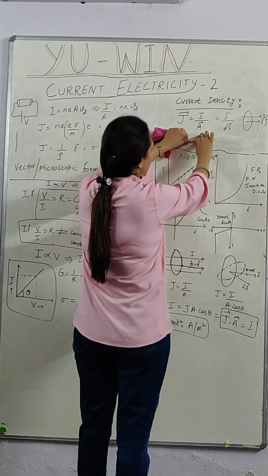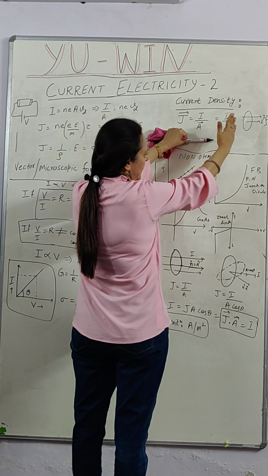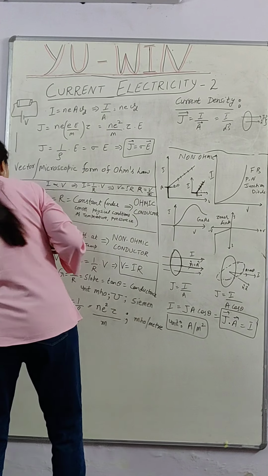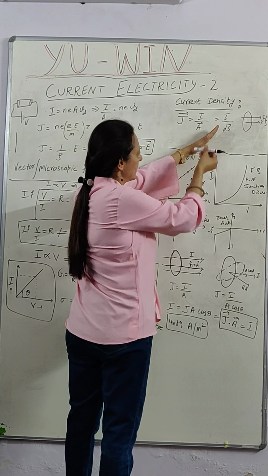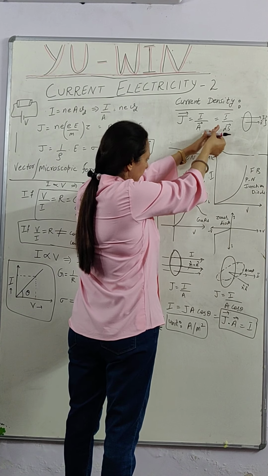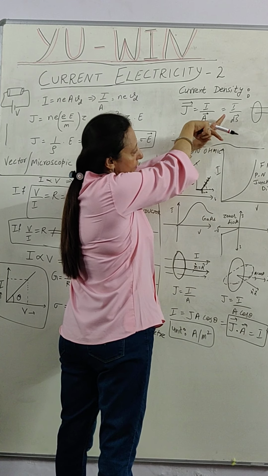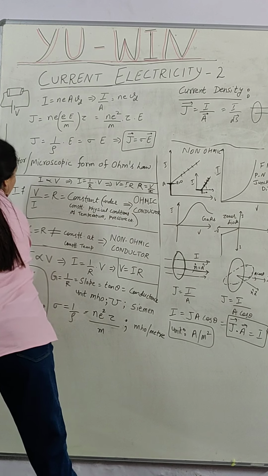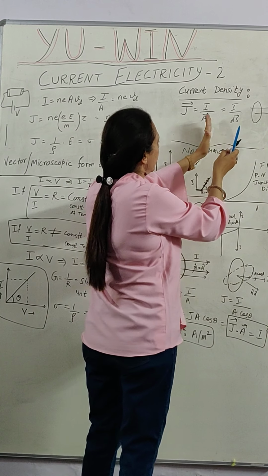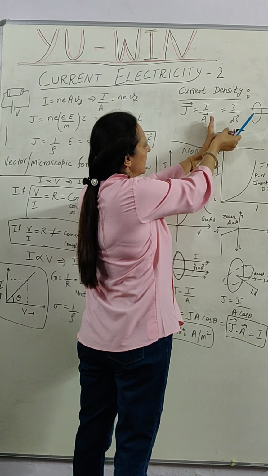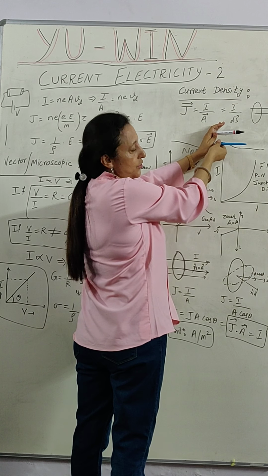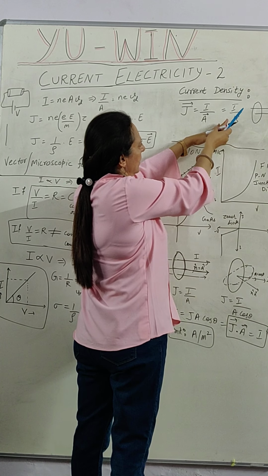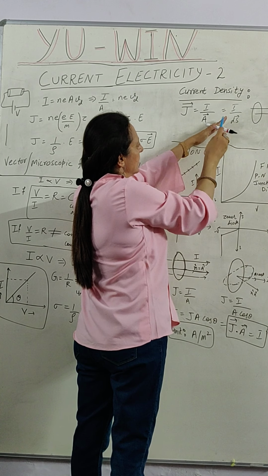This is the current, this is the area. In this case, the area vector and current will be in the same direction. But in case I have kept the area like this and the current is like this, now the area vector will be something like this. If this is the area, this is the area vector, this is the current, both are parallel.